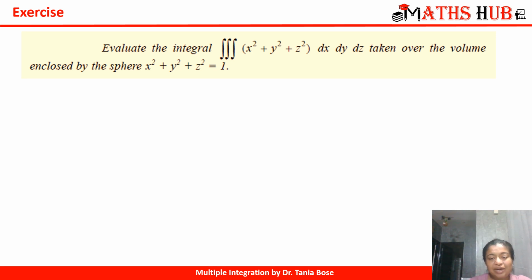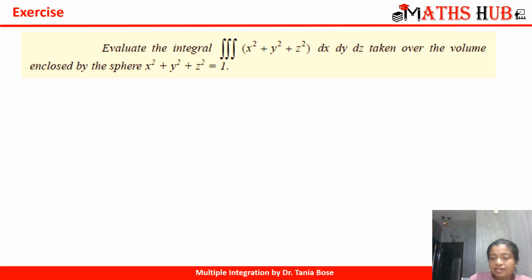We need to evaluate the triple integral of x square plus y square plus z square, dx, dy, dz, taken over the volume enclosed by the sphere x square plus y square plus z square equal to 1. So whenever we have questions on sphere, converting Cartesian to spherical polar coordinates becomes very, very simple, right?